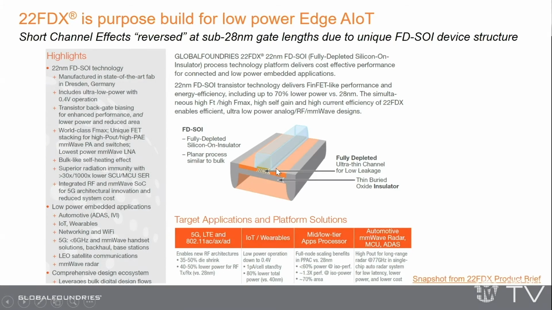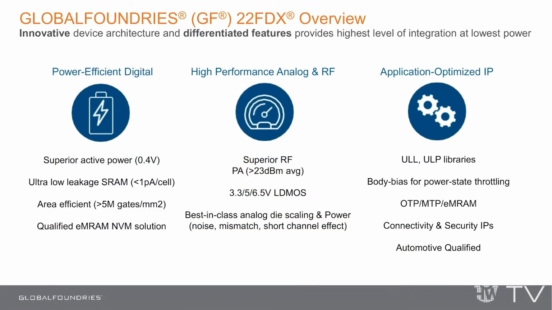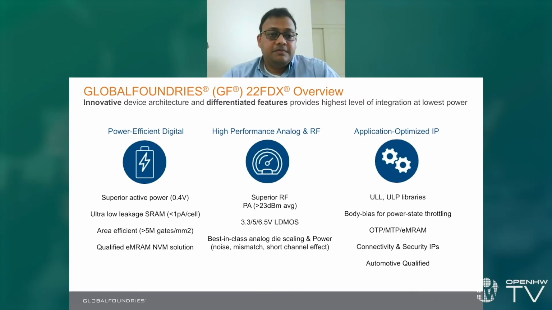Okay, so another thing I want to highlight is the overview of the features that it brings to the table and what we enable in the technology. So first thing is power efficient digital. That is a no brainer, as we talked about in the previous slide. You can go all the way to 0.4 volts in terms of dynamic voltage.